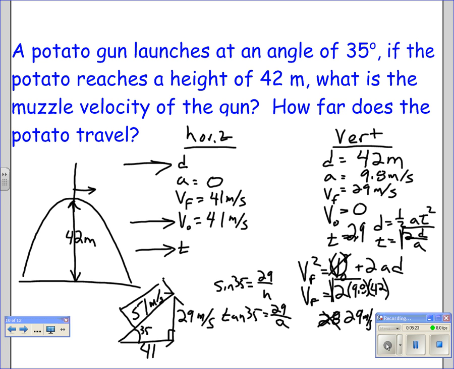That gives me a total of 5.8 seconds in the air completely. So then 5.8 times 41 gives me about 240 meters that it travels.